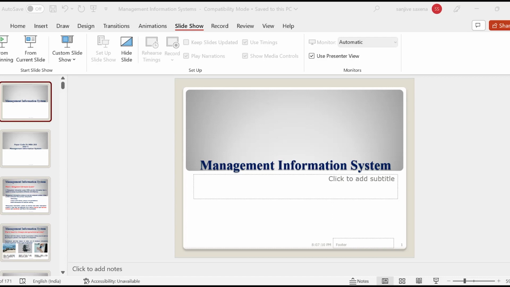You can see management information system is really a system which is widely used by everyone. Everyone means even you use it, I use it, your teacher uses it, your parent uses it, everyone uses the information system, right? And the basic components of MIS are technology, people, and data.